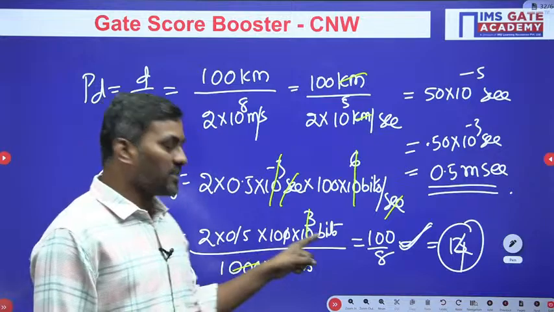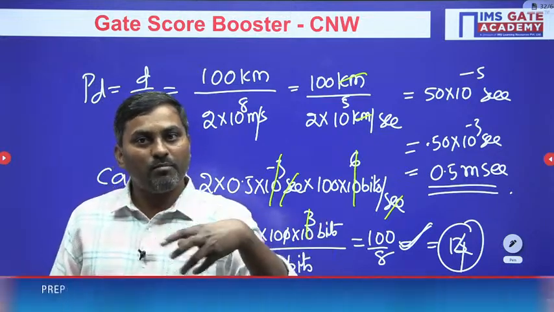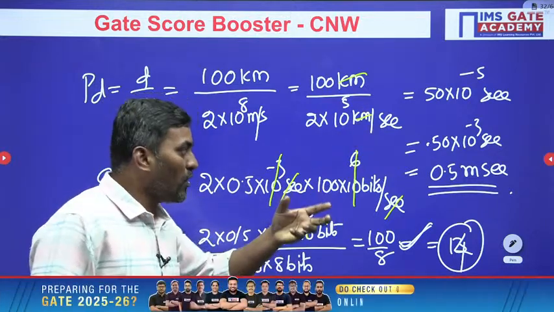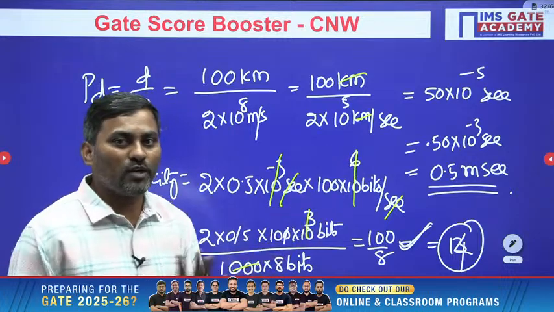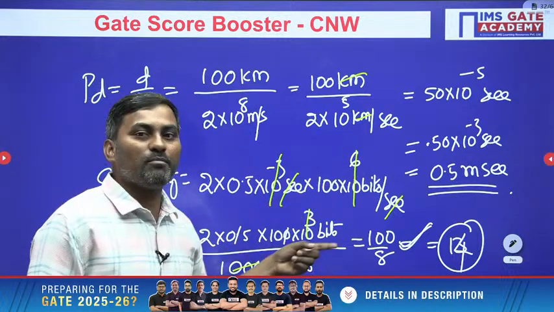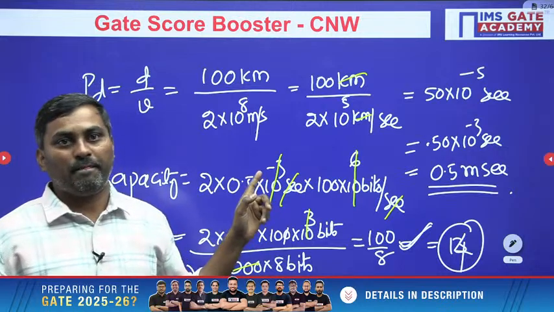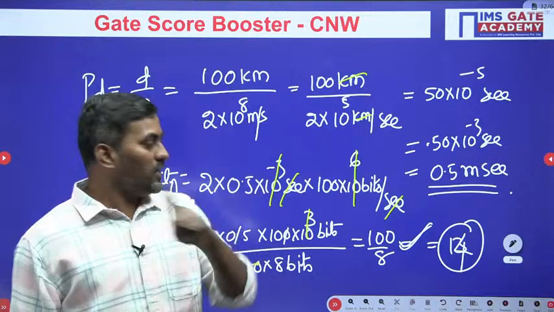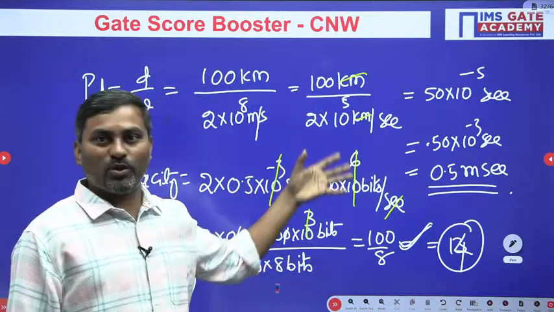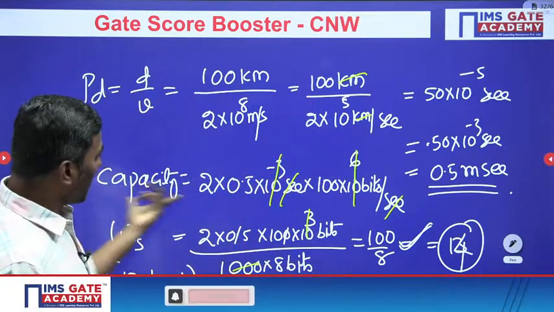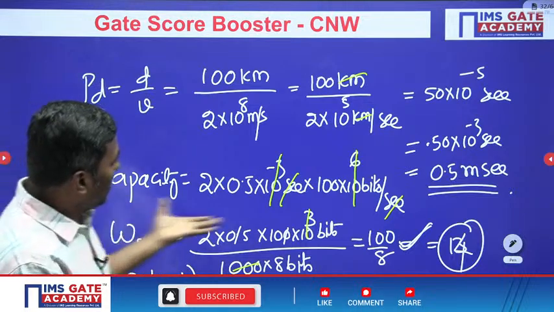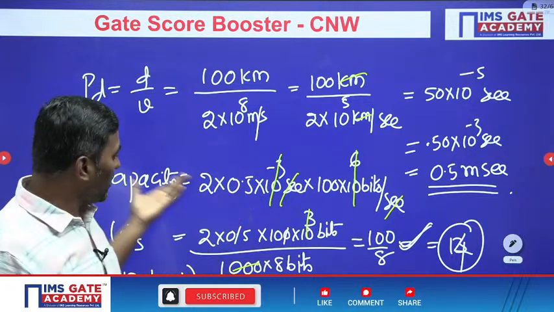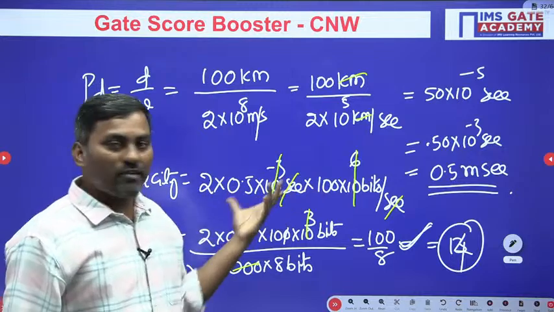But suppose in GATE they ask and such possibilities come, then instead of asking window size, they will ask the number of sequence bits required for the sender window in GBN. Can you tell me now the number of sequence number bits required for GBN as per this question? 13 is also right, 13 to 14 we can tell. When I say full capacity, I am taking the capacity of the channel as 2 times propagation delay into bandwidth, this is 100% right.